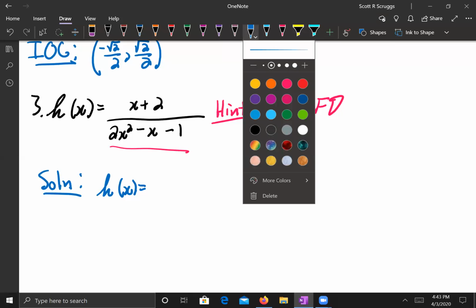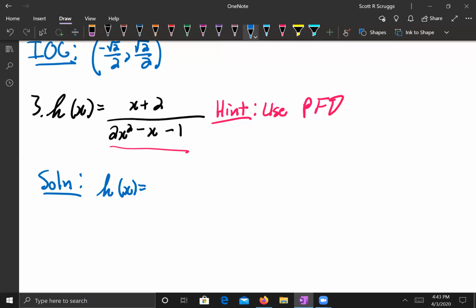All right. Well, I say you didn't give Colin, because that was what I got when I did PFD: 1 over x minus 1 minus 1 over 2x plus 1. So I agree with your answer for that.